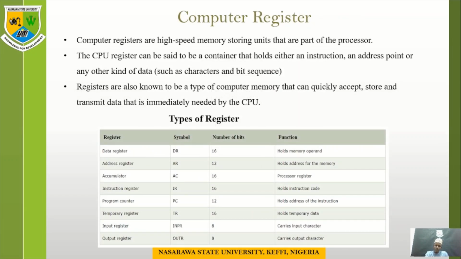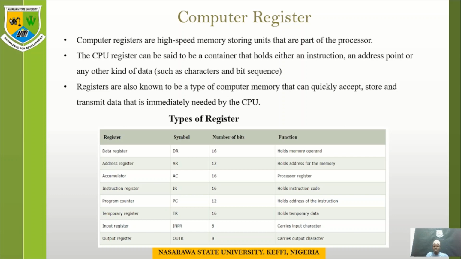So talking about the CPU and the architecture, we have to see what a computer register is. What is a computer register? Computer registers are high-speed memory storage units that are part of the processor.